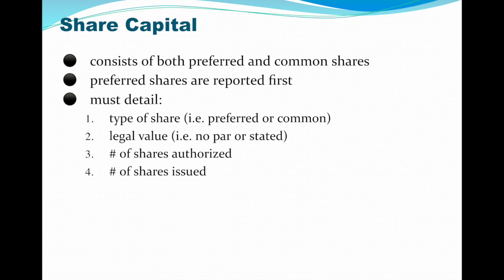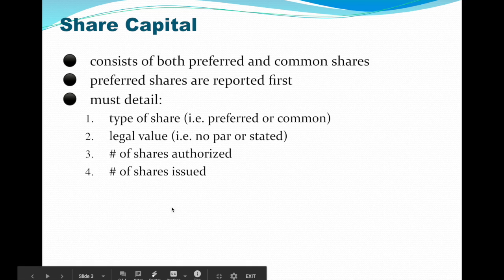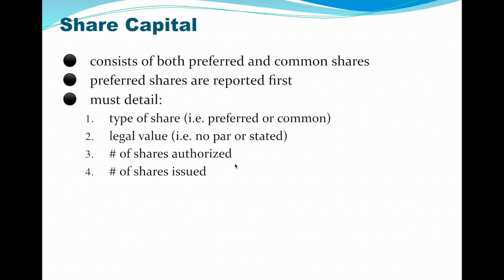Let's say they want to raise a really big amount of capital. They don't necessarily have to issue all 10,000 shares at once. They'll likely do it in stages. So there can be a difference between the number of shares authorized, meaning that the company has said that they will issue these shares, and the number of shares that have actually been issued at the date of the statement of shareholders' equity.